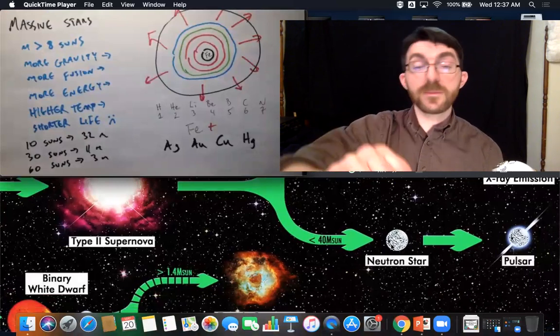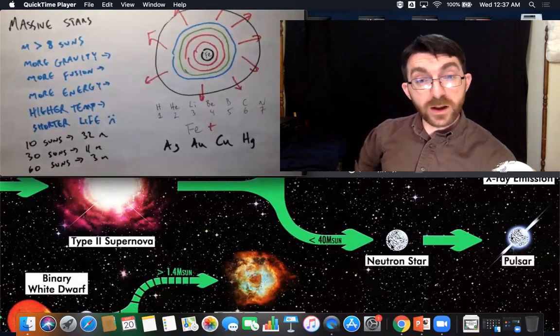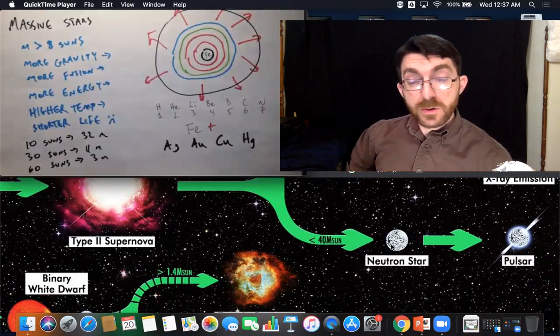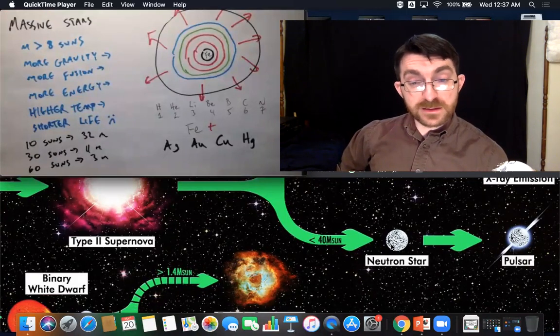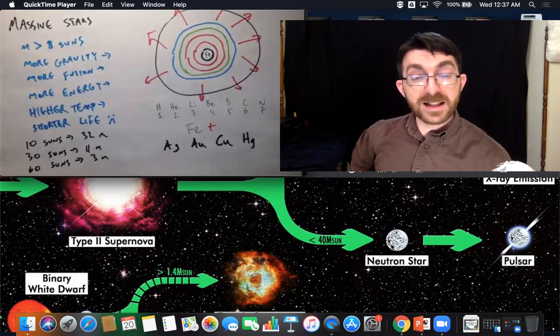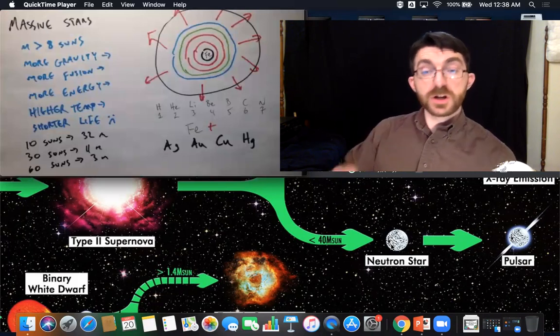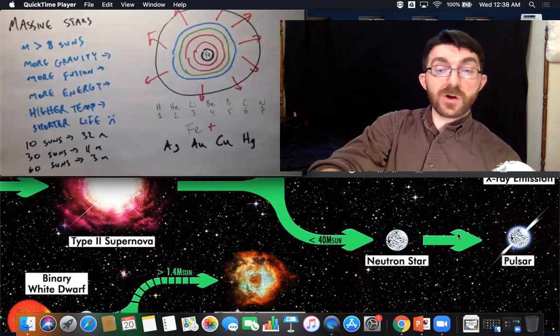Now you remember the remnant of the smaller explosion, the nova, was a white dwarf. A neutron star is like a white dwarf, and it's still very hot. It's just that it's all neutrons. There are no protons left in it. And it's also spinning very, very quickly, which is what can cause it to become what's called a pulsar.